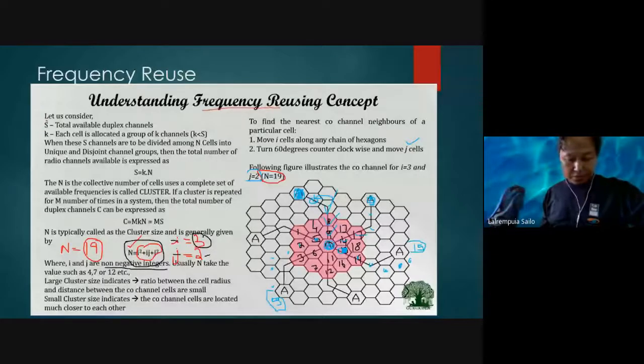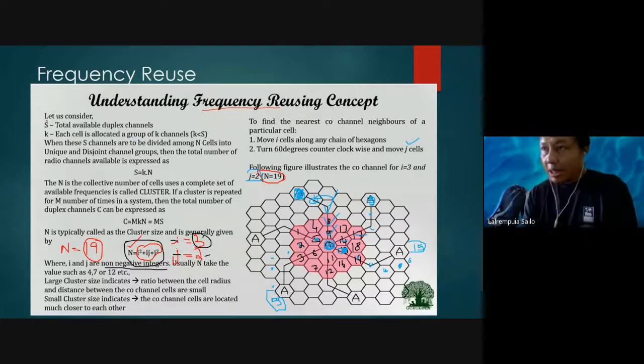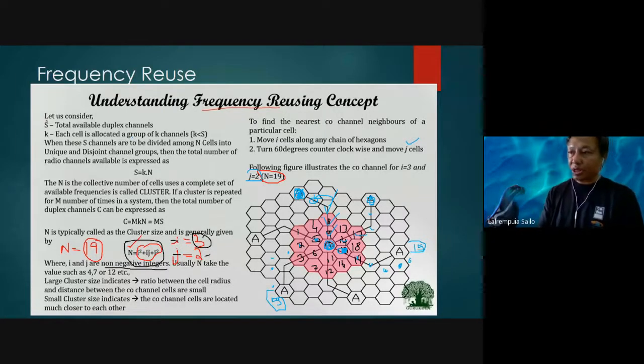Otherwise, if you don't understand one, then it will be difficult. What is a cluster? The cluster is the combination of cells. We can replicate each and every cluster across our cellular coverage area, in our cellular network. Then how to calculate the number of clusters?